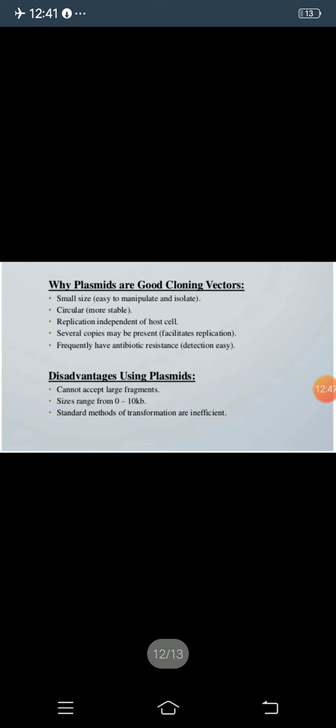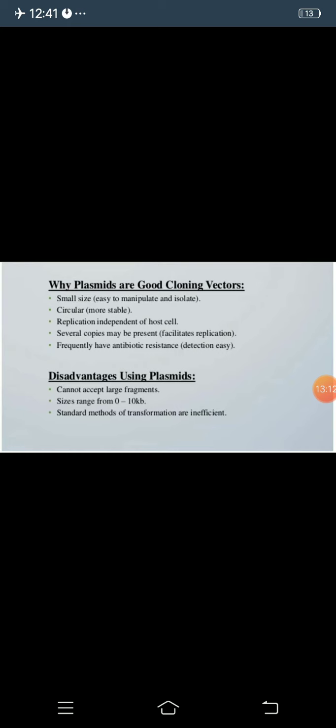Why is pBR322 called a very good cloning vector? Because it is of small size, which is a very important point. Due to its small size, it is easy to manipulate and isolate. Then it is circular, which means it is more stable.